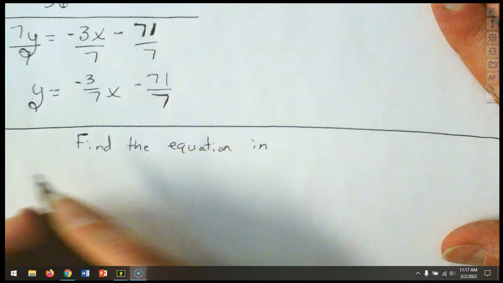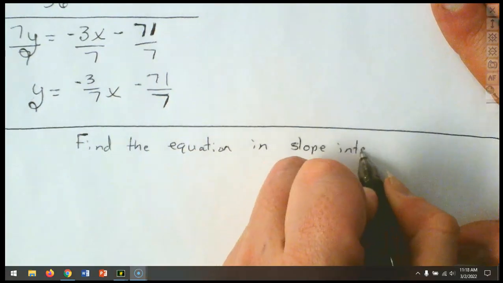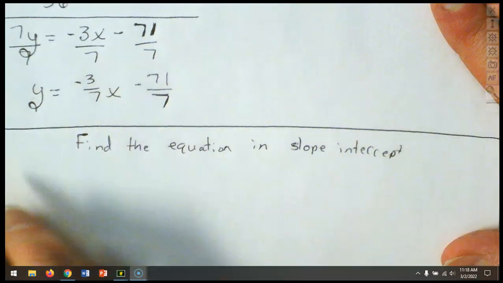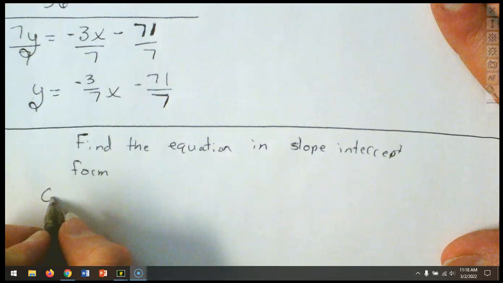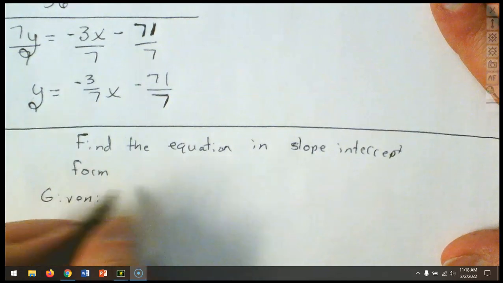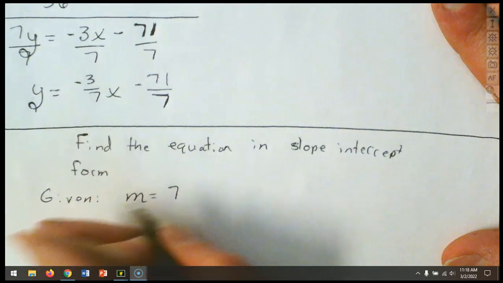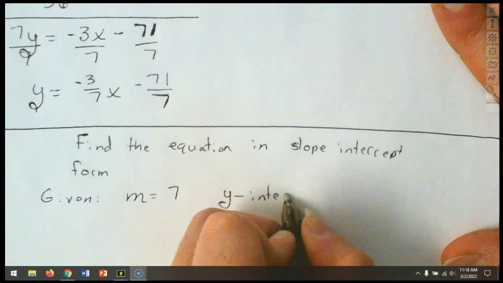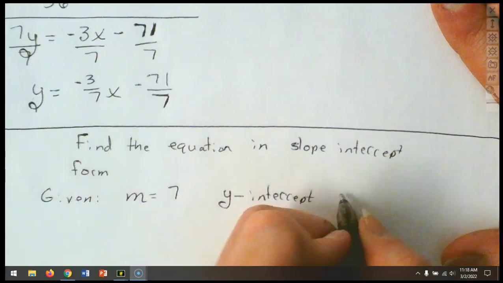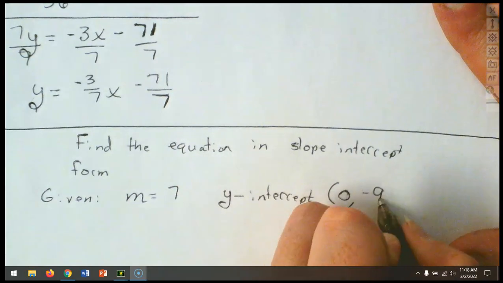So we're going to find the equation in the slope-intercept form. You're going to be given, let's say, m equals 7. And also you're going to be given a y-intercept. And let's say that y-intercept is 0, comma, -9.